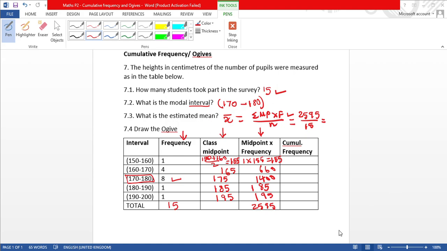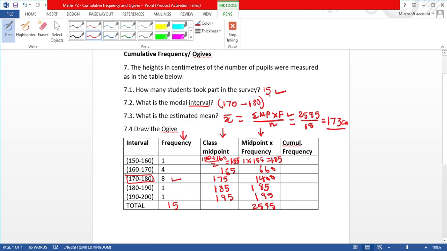Something went wrong there. Let's start again. 2595 divided by 15, which is 173. So that is going to be our estimated mean in centimeters.